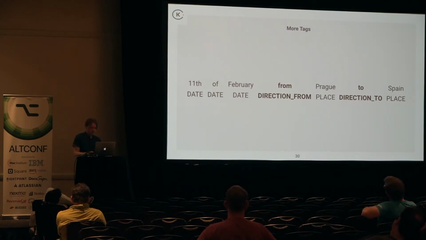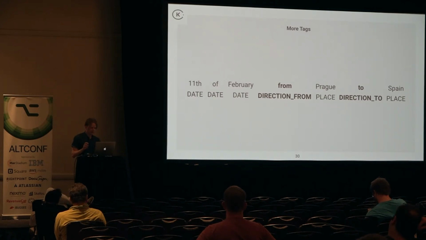And what we do then is we scan the sentence from back to front. We look for the first of these direction tags, either from or to, and we then go further back and look for the other one.